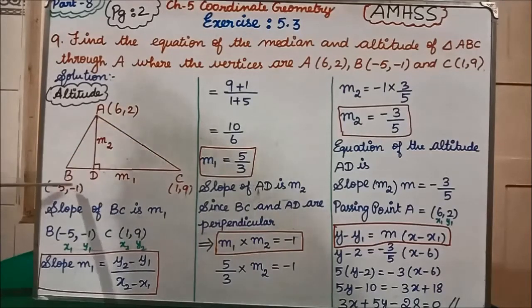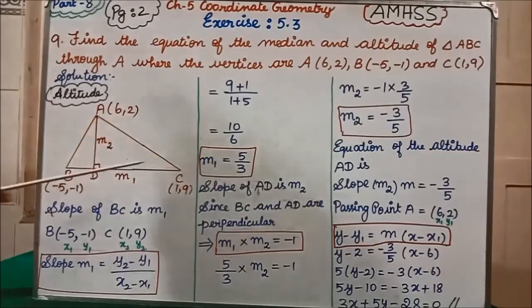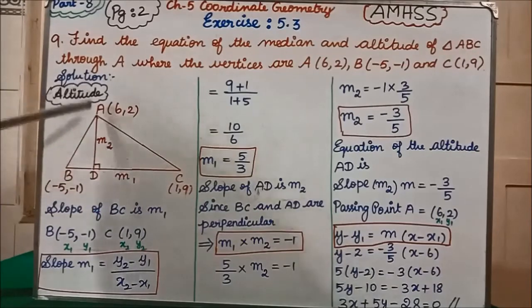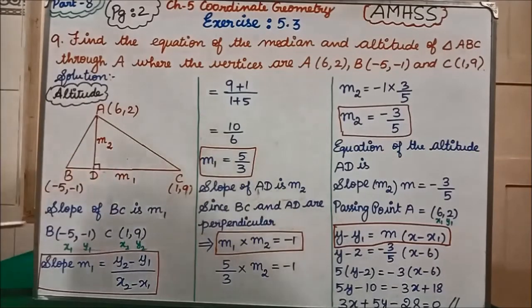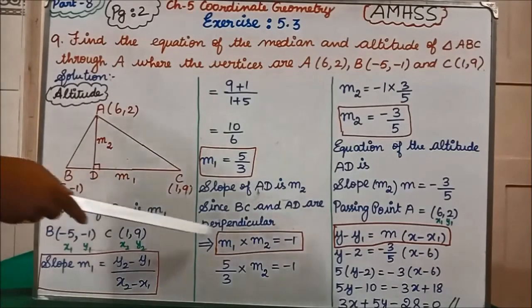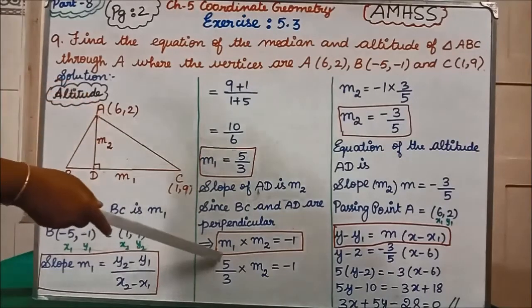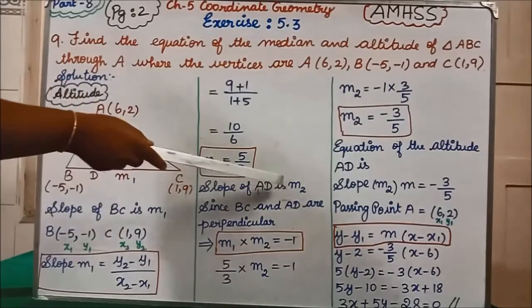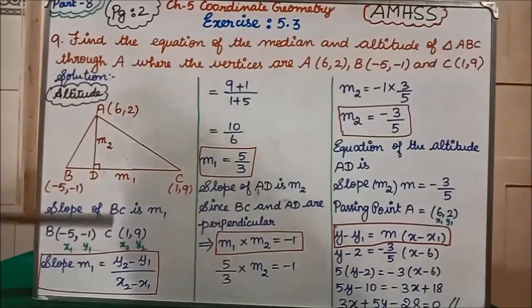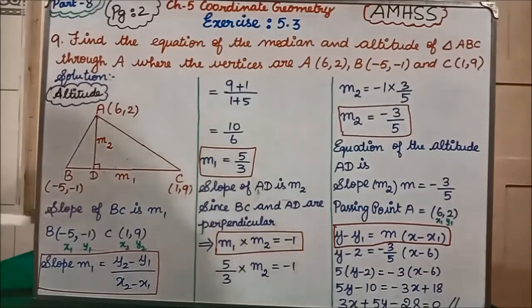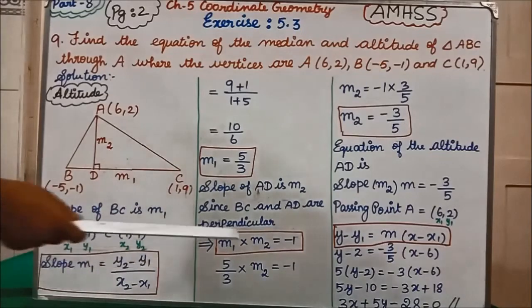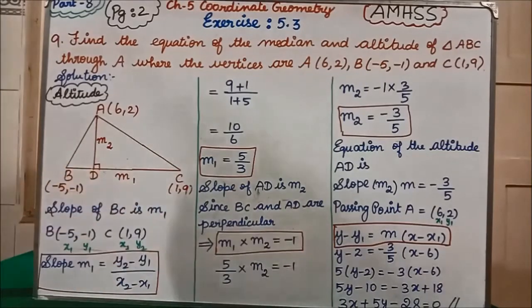Since BC and AD are perpendicular, the perpendicular formula is M1 into M2 is equal to minus 1. Here M1 value is 5 by 3, into M2. Because we don't know the D point, we cannot find the slope of AD directly. Clear? You keep that M2 as such, equal to minus 1.